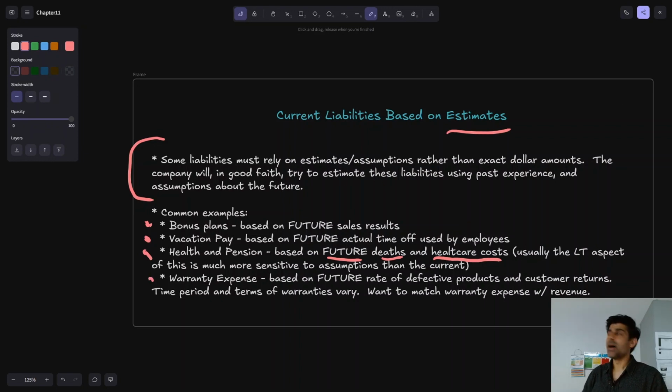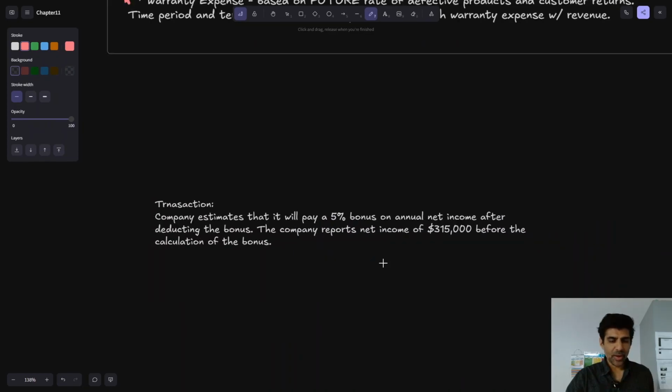You have some sense of how many of your products will go bad, but you don't know the exact amount. All of these are examples of liabilities that are real, but you just don't know the exact dollar amount because it's based on some unknowable future event. The best you can do is use estimates and some methodology to estimate what these things are going to be.